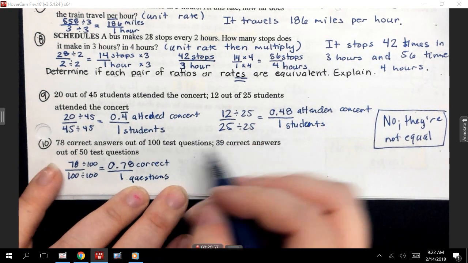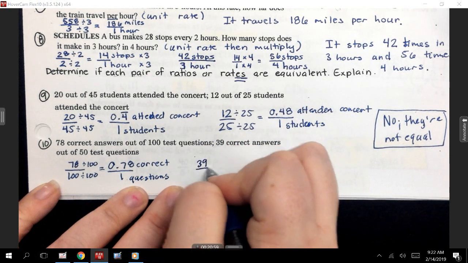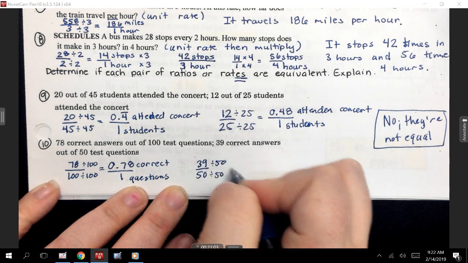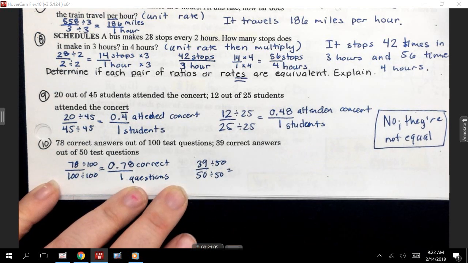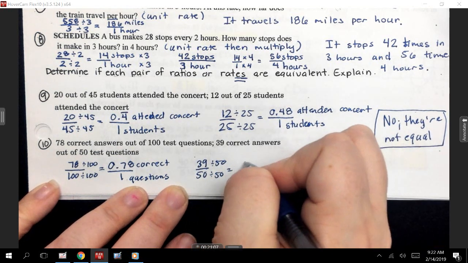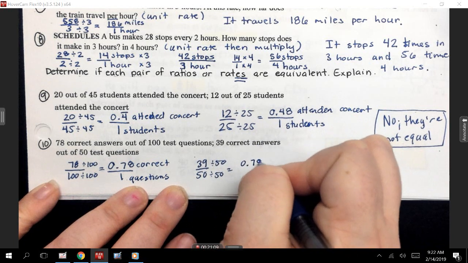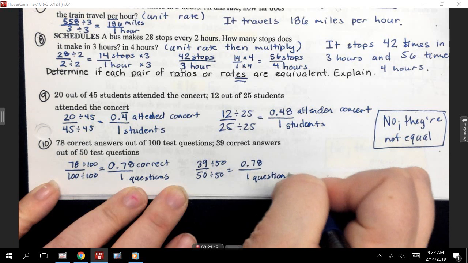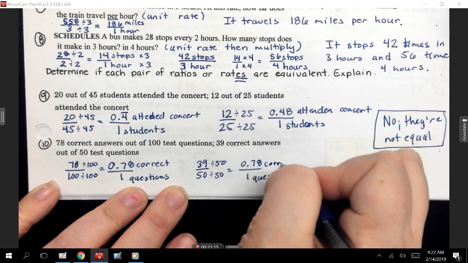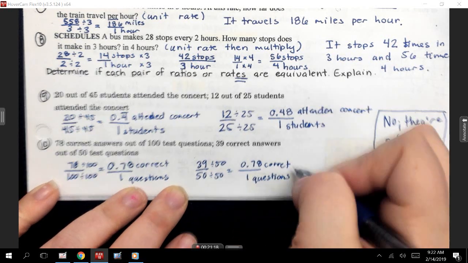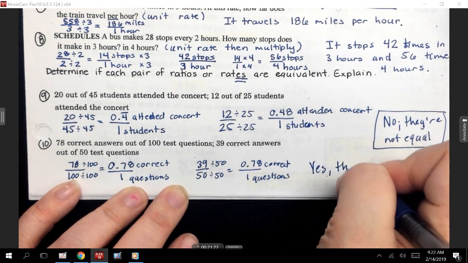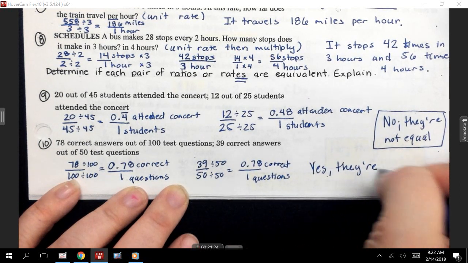Then the next one says 39 and 50, so same thing. 39 over 50, dividing by 50. 39 divided by 50 is 0.78 over 1. Writing in my word, questions and correct. Are these equivalent? Yes. They're equal.